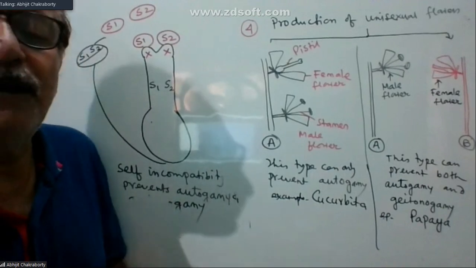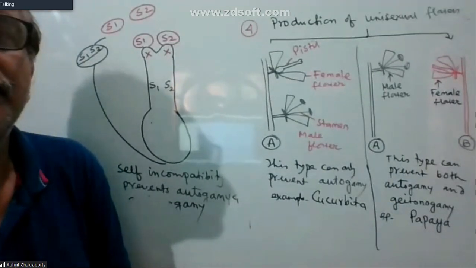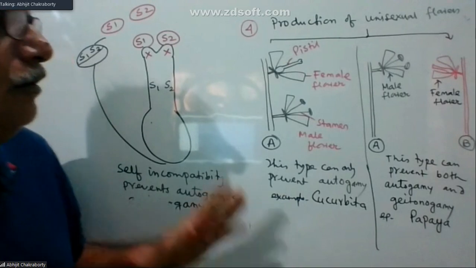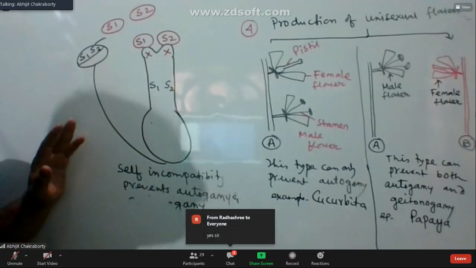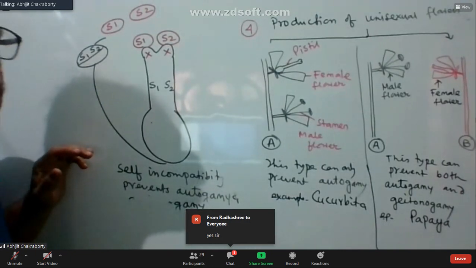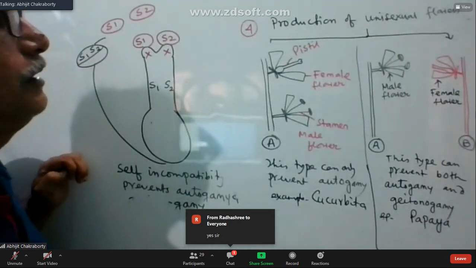Is it clear to everybody? Okay. Now, our outbreeding devices are completed. So you need to remember, because these questions are coming in board and also in entrance. So you need to go through every line, whatever it is written.